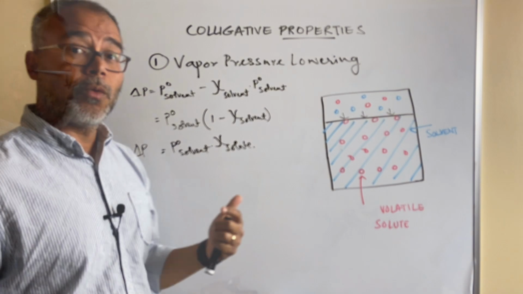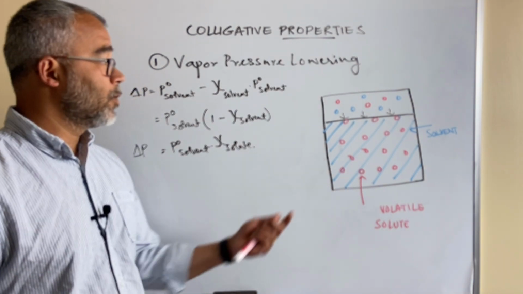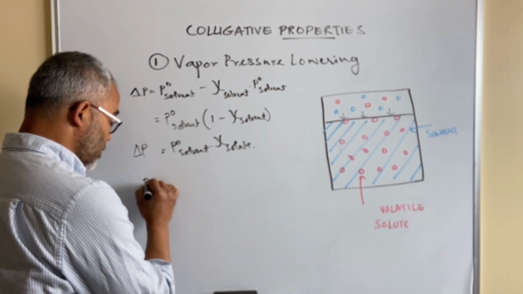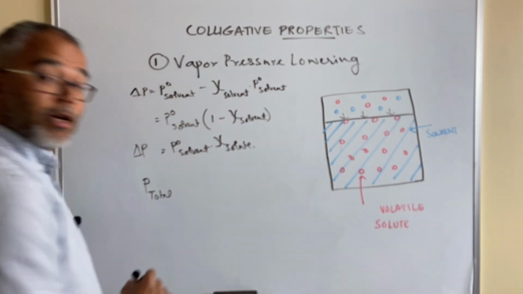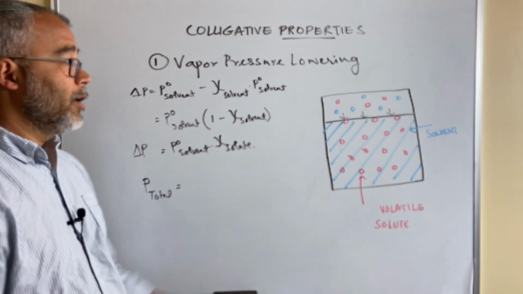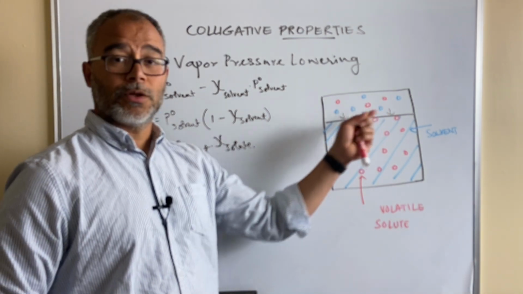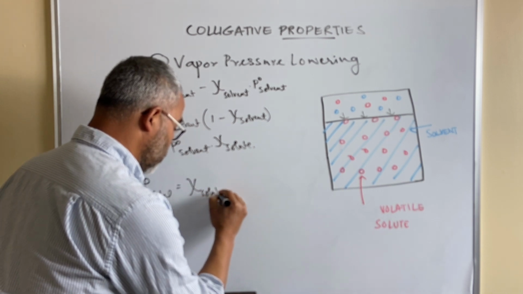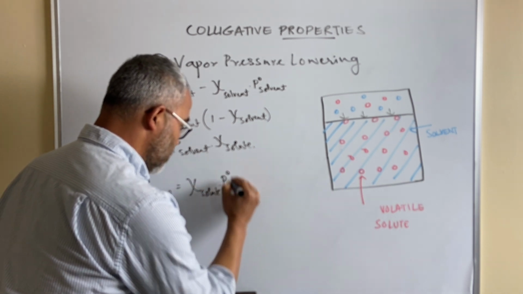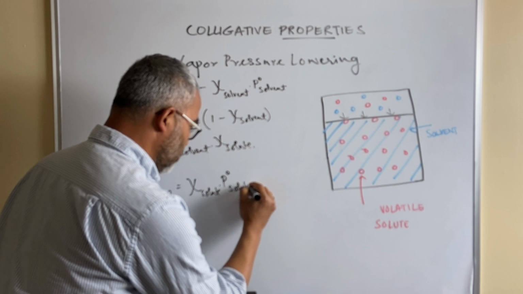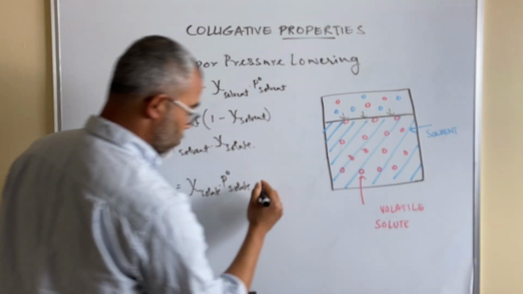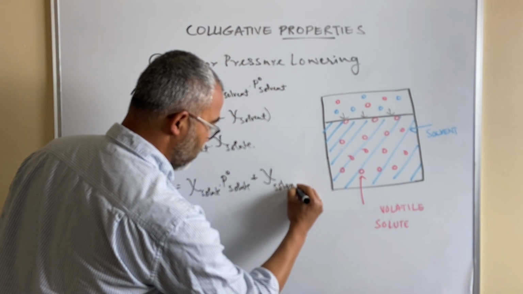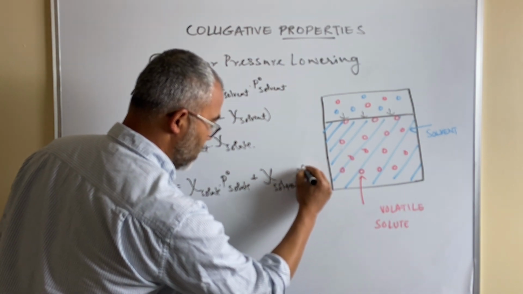Okay, so then we'd have to modify the total vapor pressure, let's call that P total. That is going to be equal to the contribution from both components. So that is mole fraction of the solute times P naught of the solute, that is the vapor pressure of the pure solute, plus mole fraction of the solvent times P naught of the solvent.